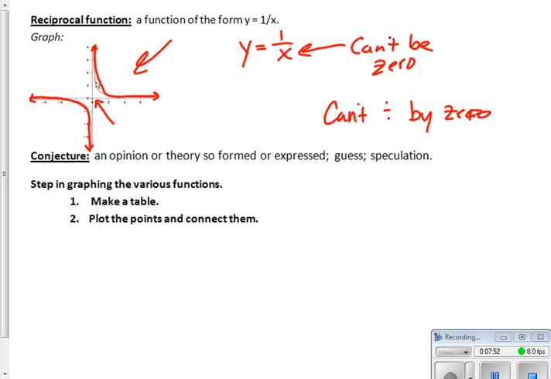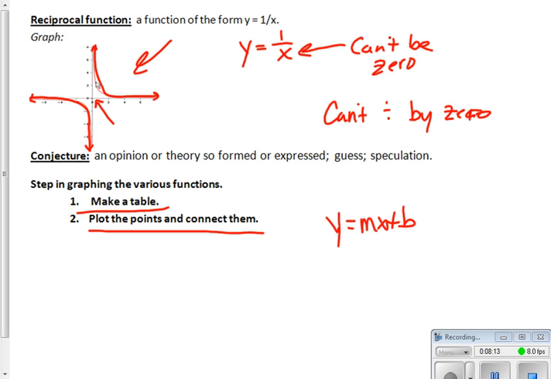Steps in graphing various functions. Now you'll be graphing all these different types of functions. The biggest thing is to make that table. Once you make the table, you'll come up with points. You'll plot them and you'll have an idea of what these graphs look like. There are different ways that you can graph these. For instance, y equals mx plus b. We've dealt a lot with it.